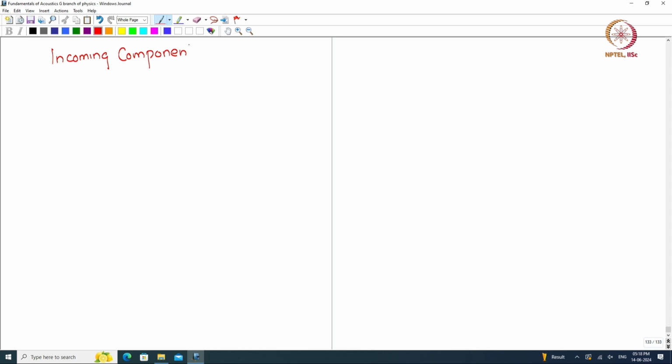which we want to reject, okay, and what is that incoming component? Phi of r comma t is equal to a over r e to the power of j omega t plus j k r. That is the incoming component. If we apply the same equation, del phi by del r plus I k phi, let us see what happens with limit r tending to infinity.